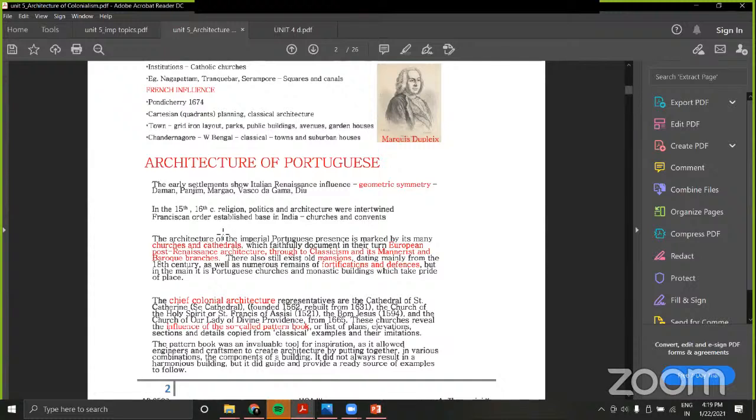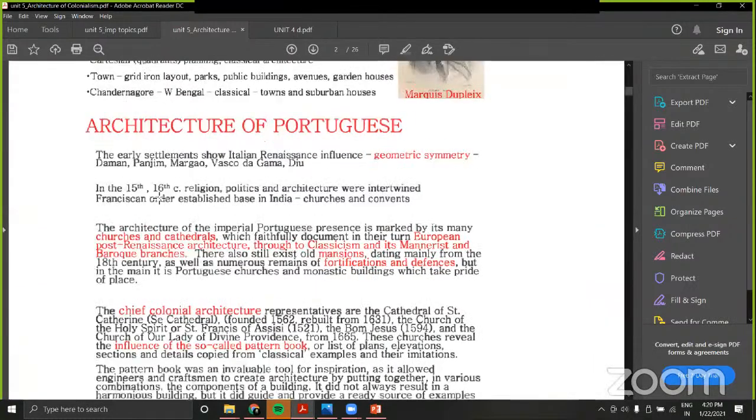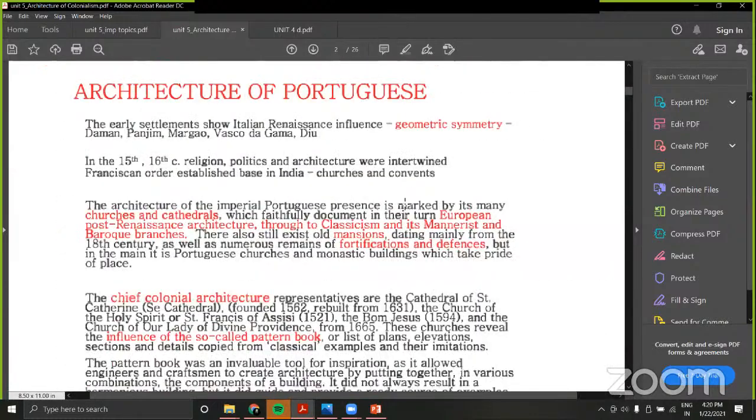The architecture of the Portuguese became influential on churches and convents. Imperial Portuguese architecture is marked by its churches and cathedrals, faithfully documented in European post-Renaissance architecture through classicism and its Mannerist and Baroque branches. Old mansions dating mainly from the 18th century still exist, as well as numerous remains of fortification defenses, but Portuguese churches and monastic buildings take pride of place.